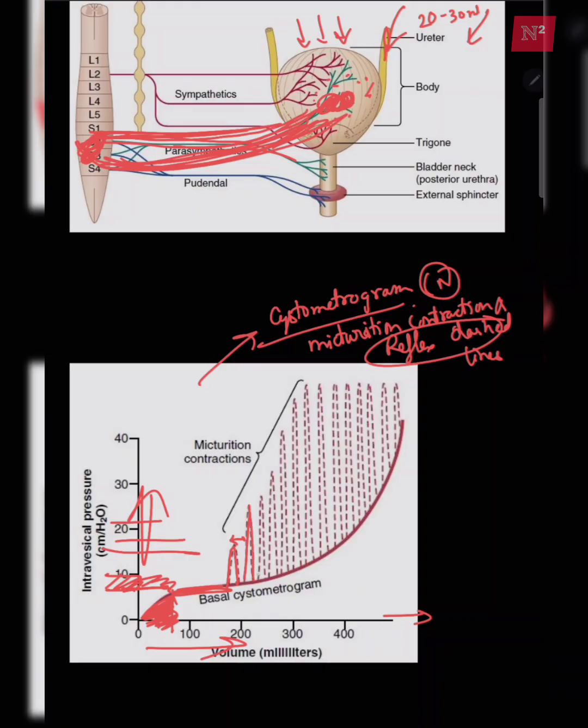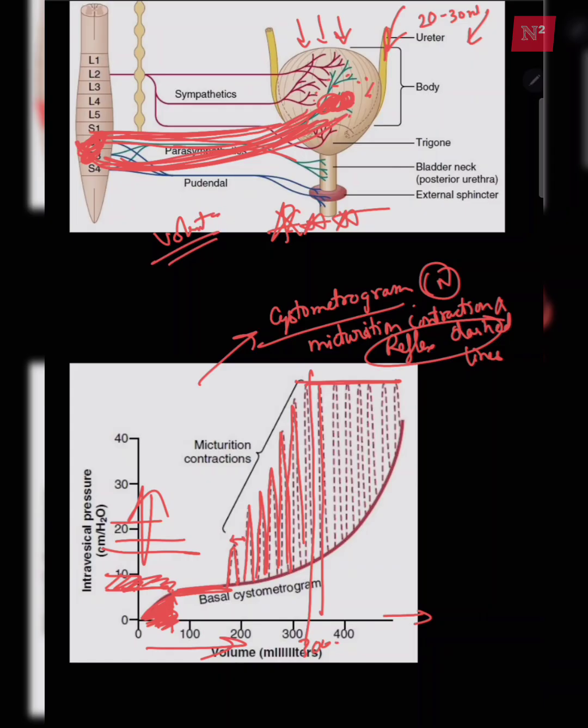A reflex arc will arrive, and that will lead to some contractions, till it reaches a level of 300 milliliter, after which it repeats after every hour, till the pressure exceeds the external sphincter's pressure, as well as the contraction present because of the voluntary stimulation of the external sphincters.